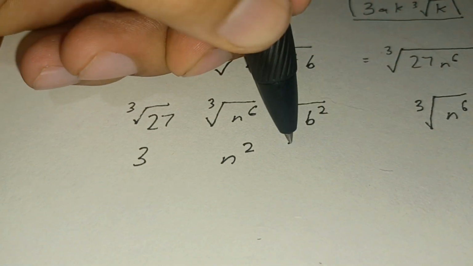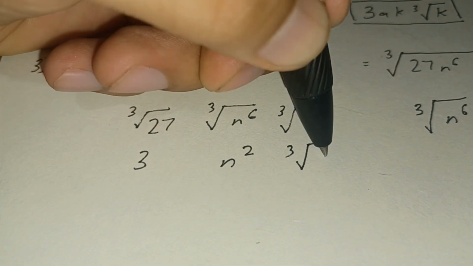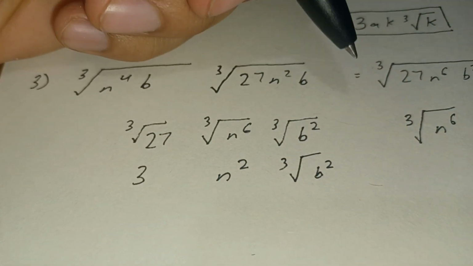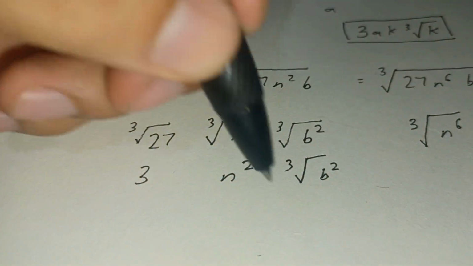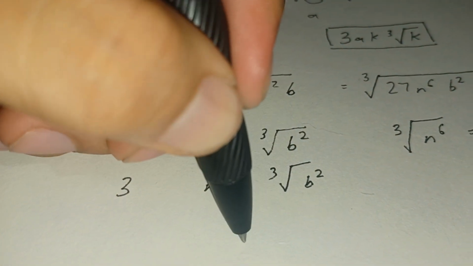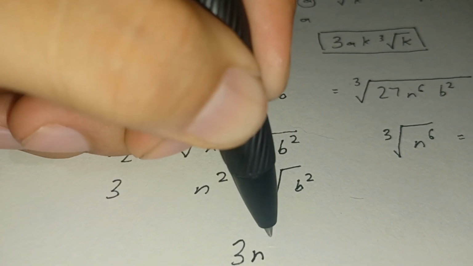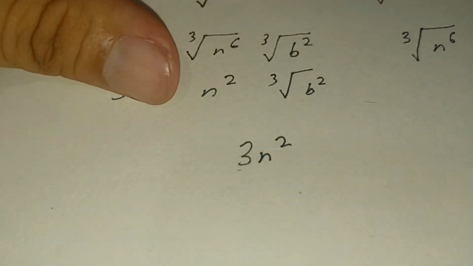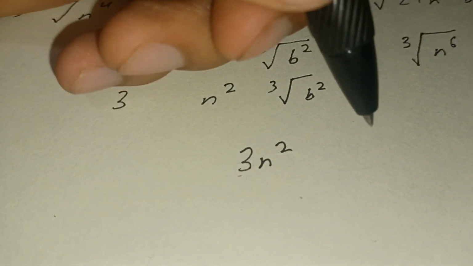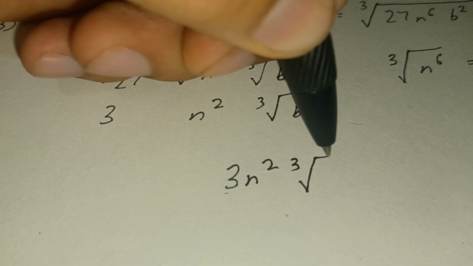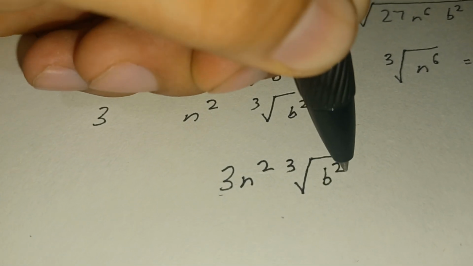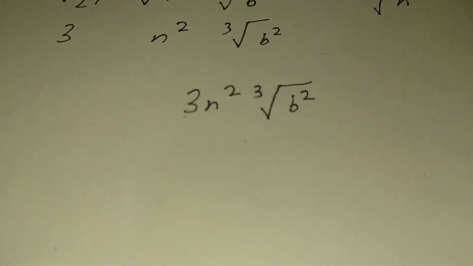So it's going to be the cube root of b squared. So your answer here is, you multiply all of these together to get 3n squared times the cube root of b squared.